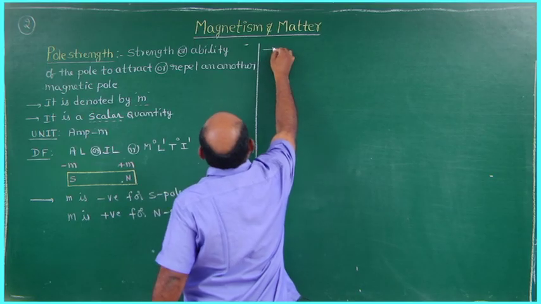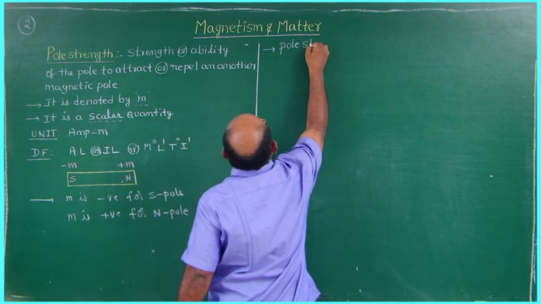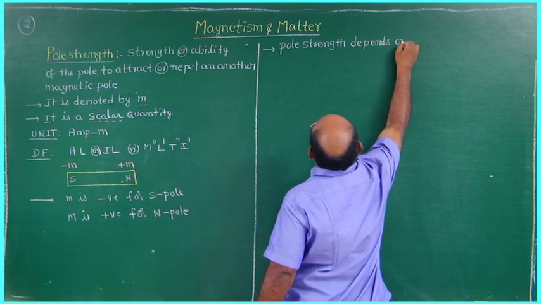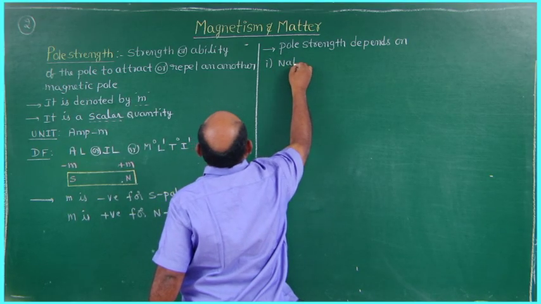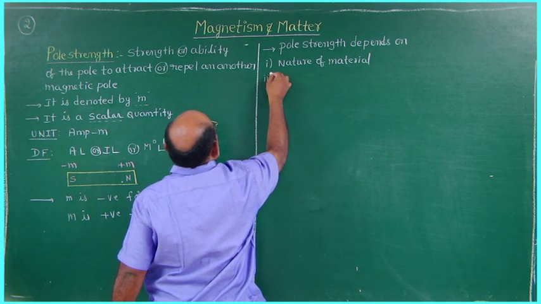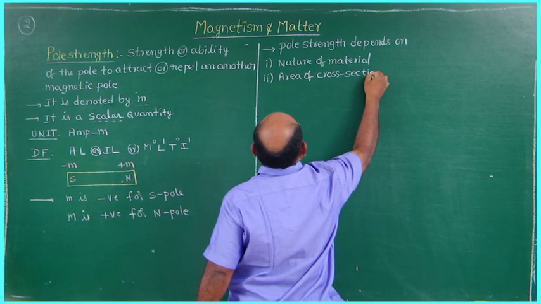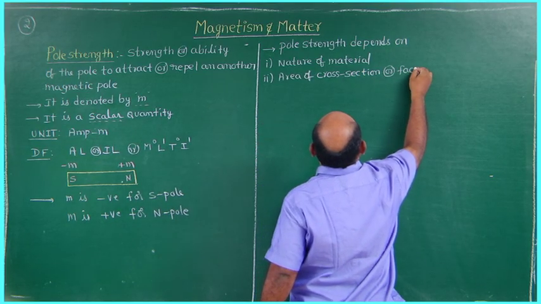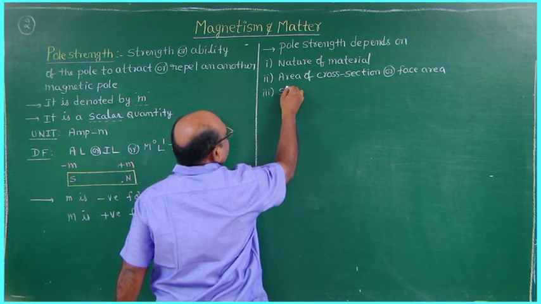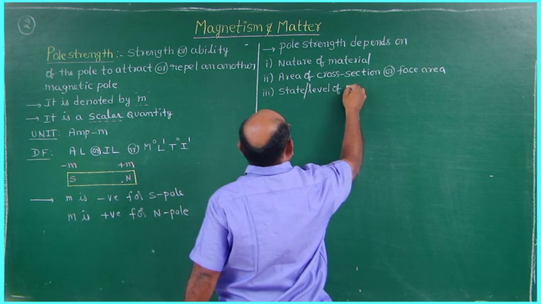After that, let us see the dependence and independence of the pole strength. Generally, pole strength depends upon, number one, nature of material; number two, area of cross section, or the face area of the magnet; and third, the state or level of magnetization, simply magnetism.